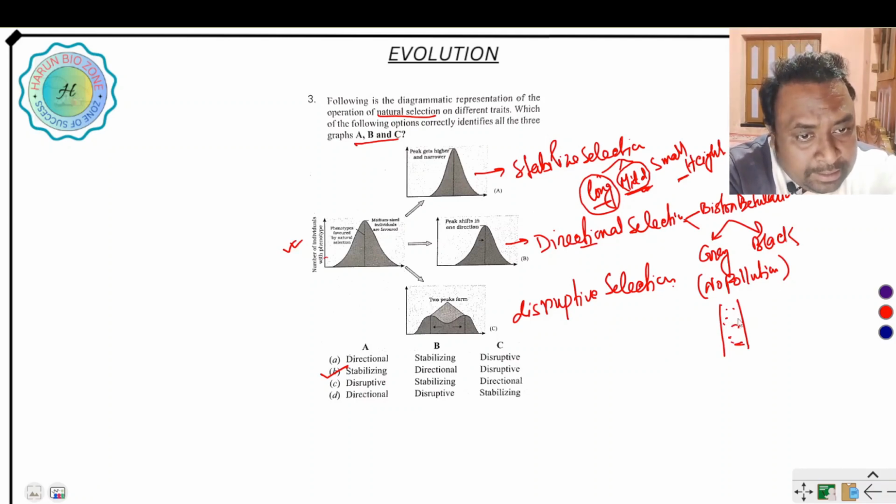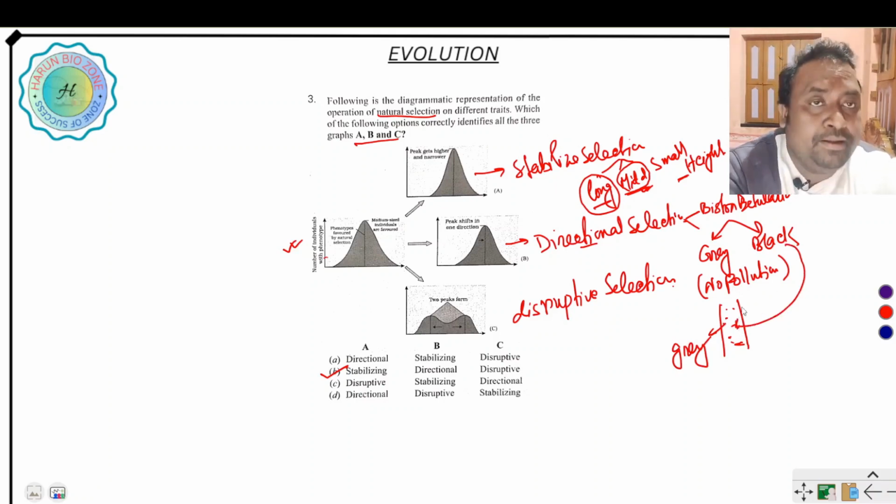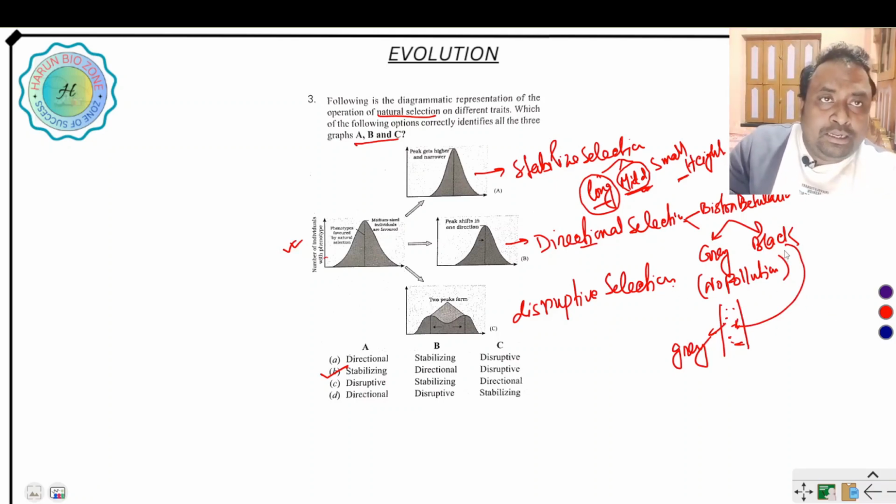But when black moths sit on the gray surface, they are clearly visible to birds or enemies, so the number of black moths decreases.